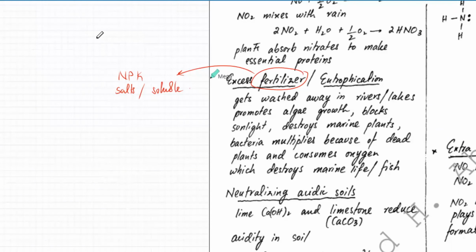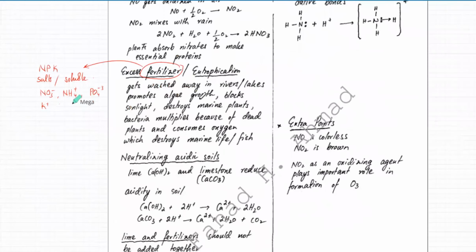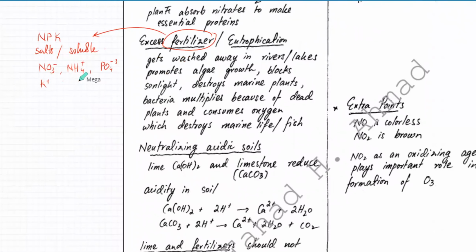So they're NPK salts, which basically means anything that contains nitrates or ammonium, or has N in it, or P in it, phosphates, or potassium in it. Any formula that contains these three ions could potentially act as a fertilizer. So fertilizers are essential because plants need N, P, and K.